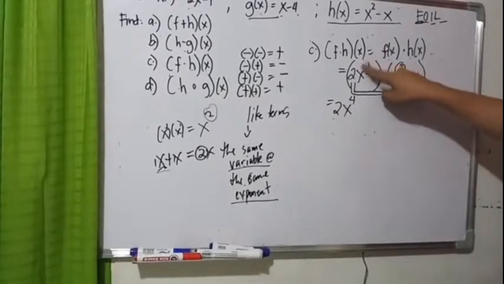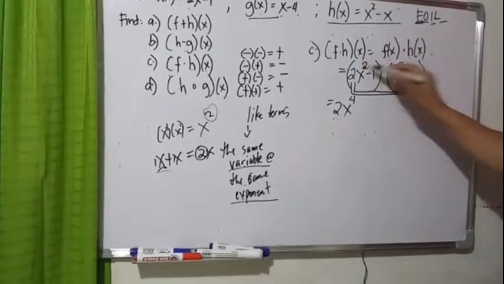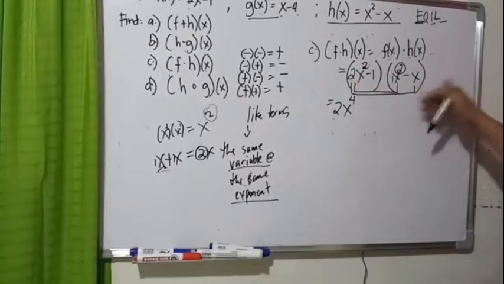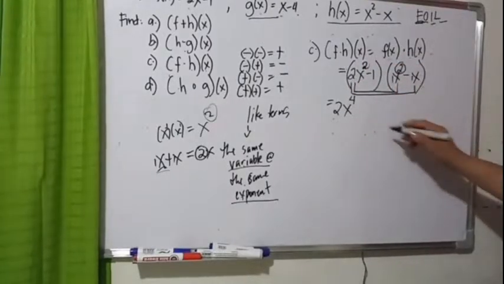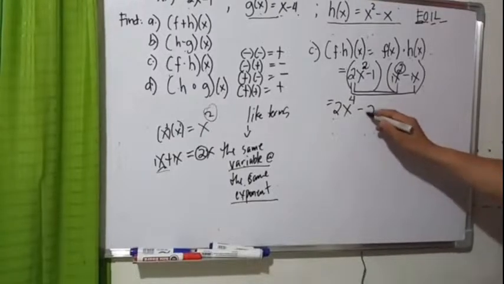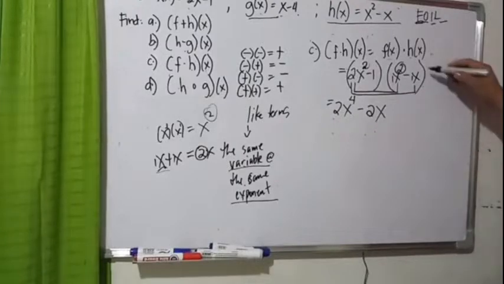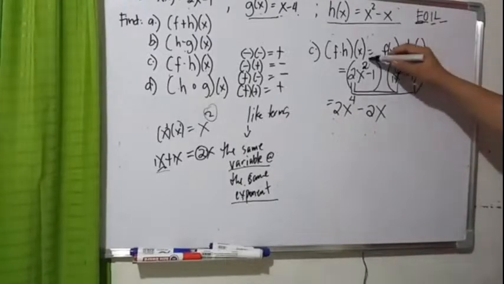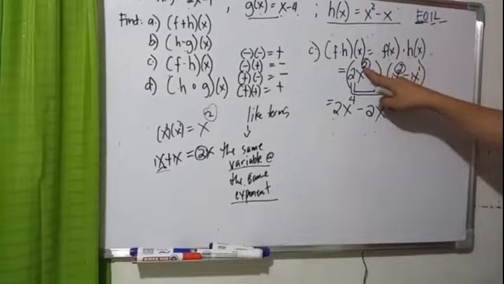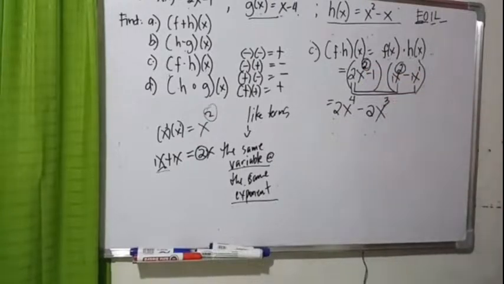So 2 times negative 1, so that is negative 2. Kopyahin natin yung variable, that is x. Then ang exponent nito is 1. Then dito is 2. I-add natin yan, so that is 3.